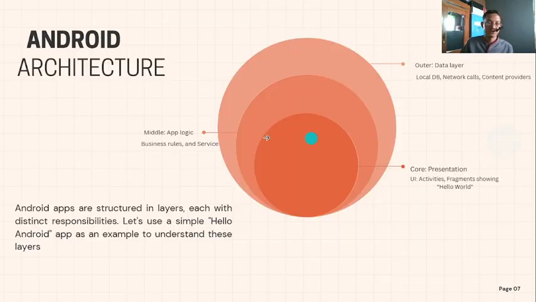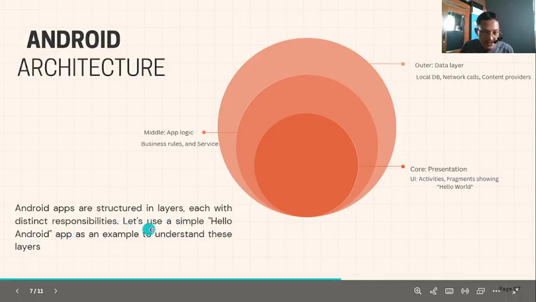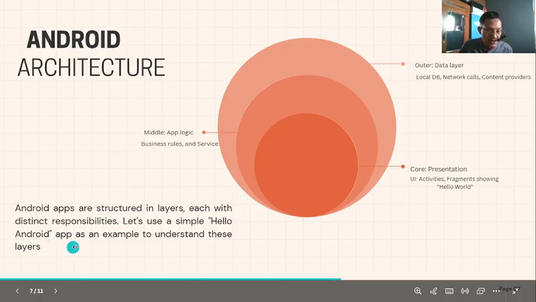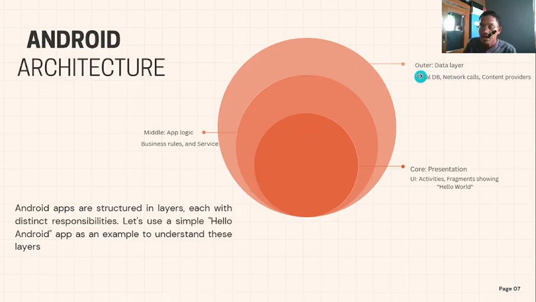Then next, Android architecture. So sa Android architecture sir is may 3-layer tayo. Android apps are structured in layers, each with distinct responsibilities. Let's use a simple Hello Android app as an example to understand these layers. So may tatlo tayong layers sir. Ang outer po is ang data layer.